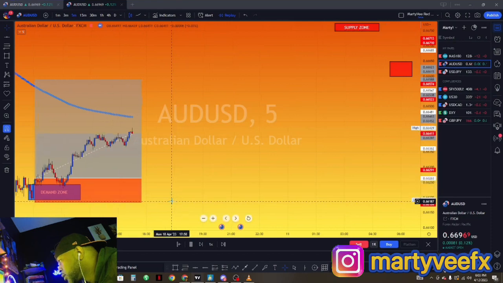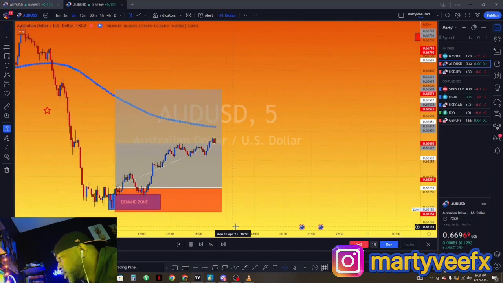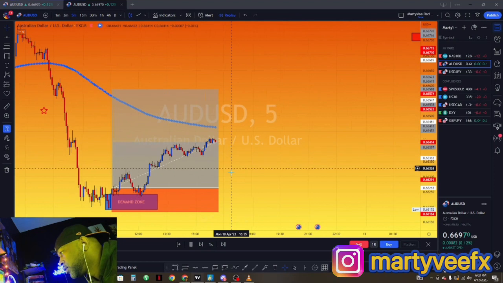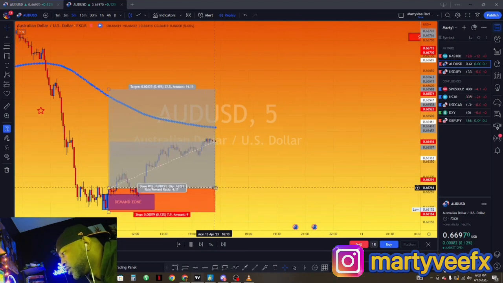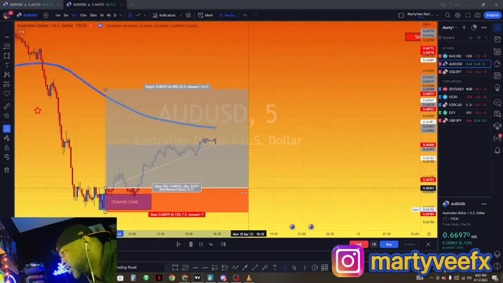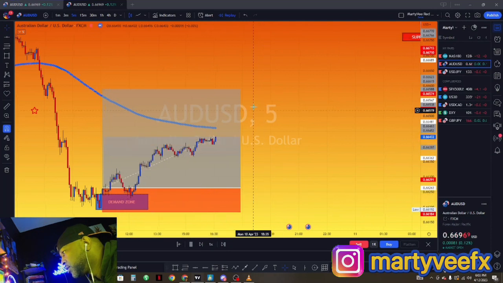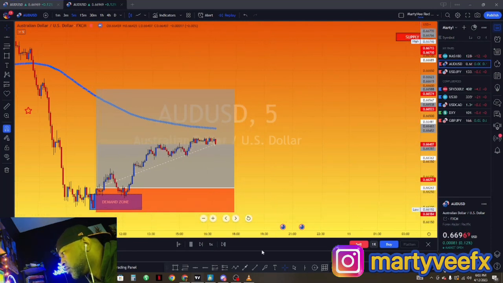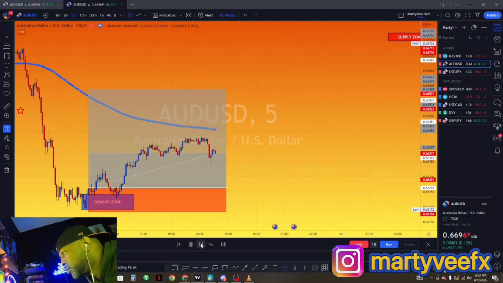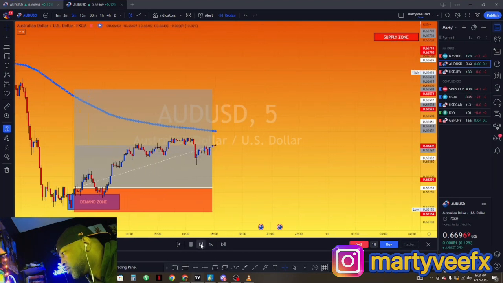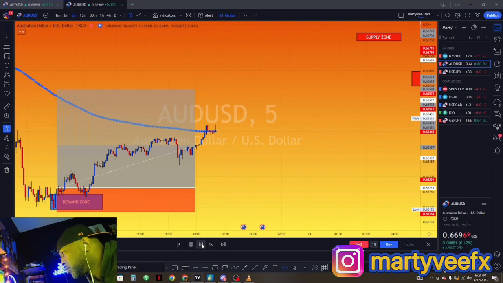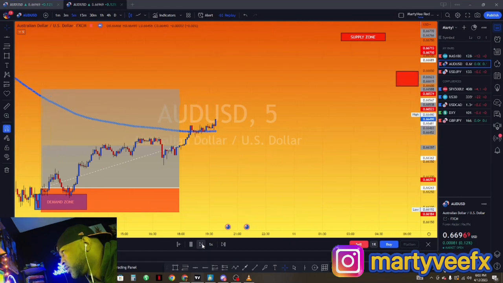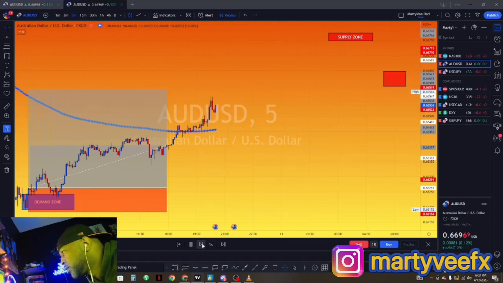Price is somewhat exhausting, making small candles right now, but still you're in profit. The trade is going in my favor. Not as fast as I like, but it's still pushing up. Still going up. Look at that.